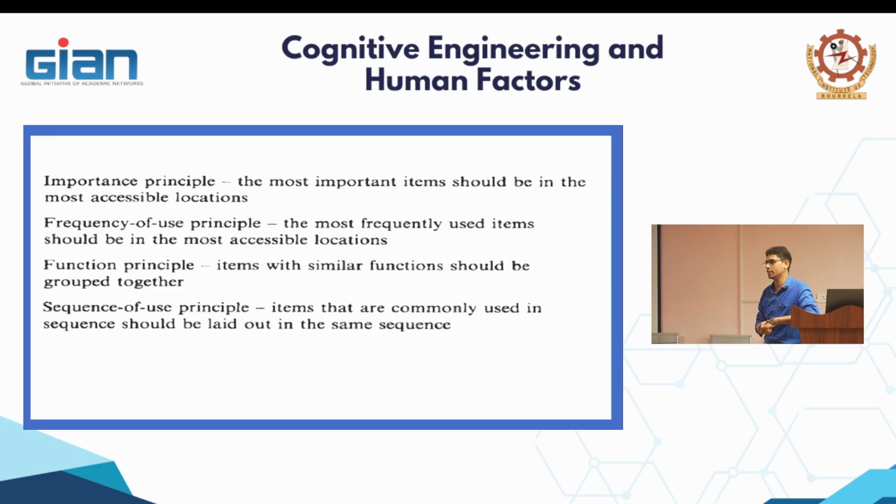Sequence of use. Sequence of use is nothing but the particular order in which you are going to use the particular stuff in your workplace. It's not necessary that you use everything in any order. Basically that requires workspace arrangement. Like if one particular product is, let's say, a 3-part or 4-part product.